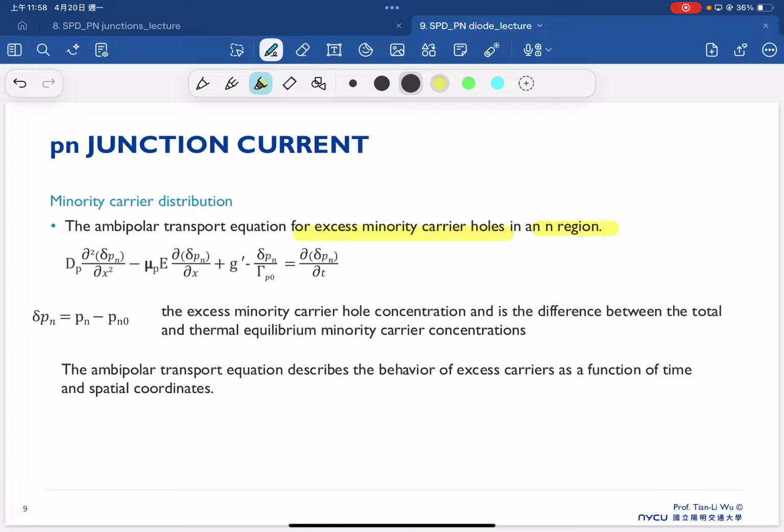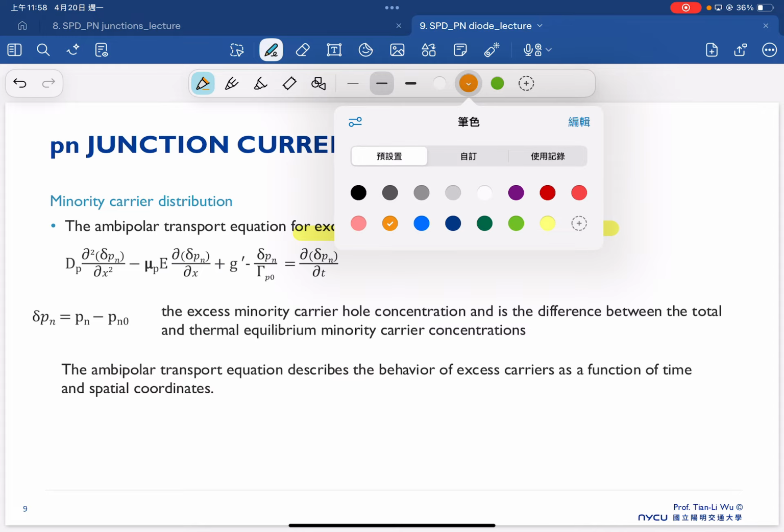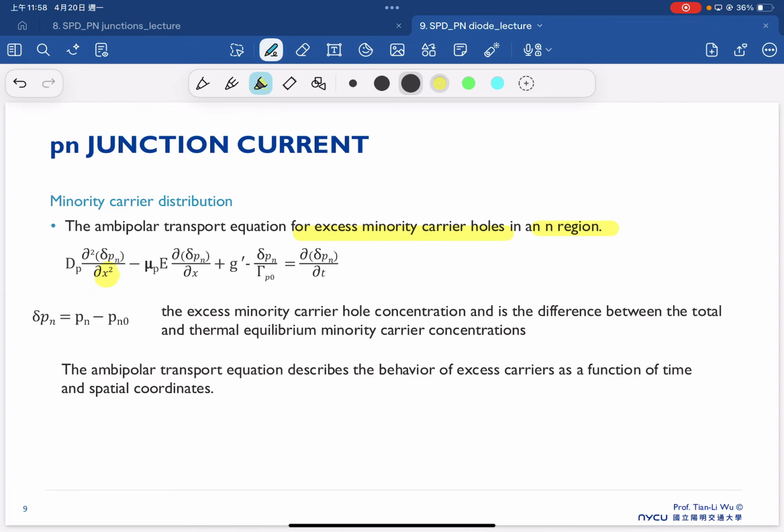So we have this equation that we already showed before. We have X, which is the space dependency, and also T, the time dependency, right? So we have the term related to space, and the term related to time here. And also we have this excess minority hole carrier concentration here.